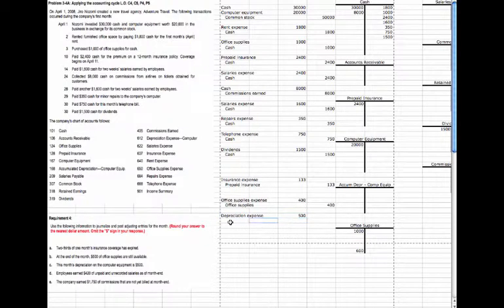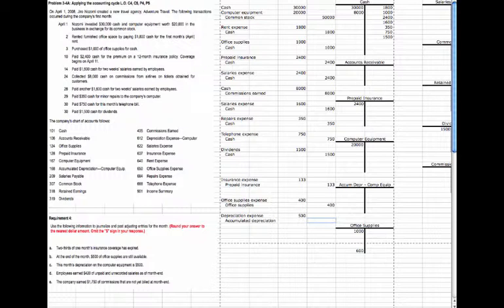Now we remember in chapter 2 we talked about creating a brand new account called accumulated depreciation, which is a contra asset account. The reason why we create this contra asset account is so that we can still show the cost of the asset, but we also want to show how much of it we've used up.